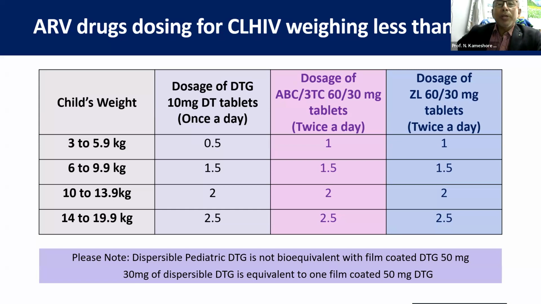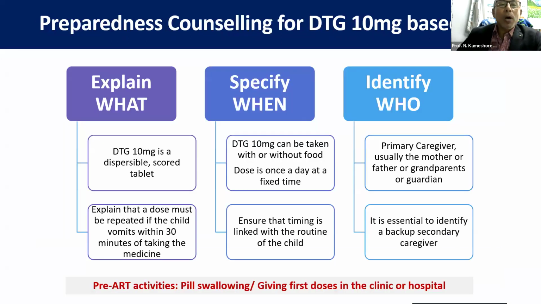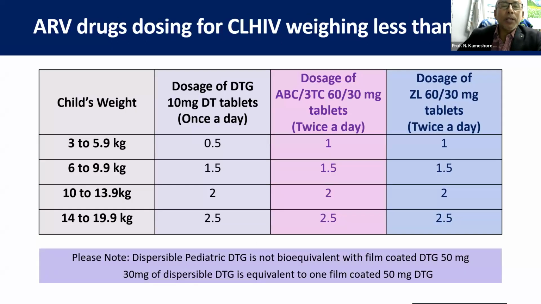And if we give ZL, we give 60 by 30 milligram of ZL twice a day, one tablet. If the weight is between 6 and 9.9 kg, dolutegravir comes as 1.5 tablet, and AL also 1.5 tablet, but twice daily.